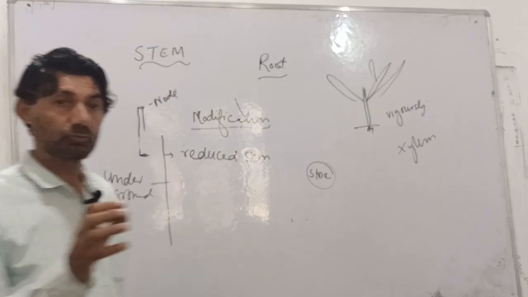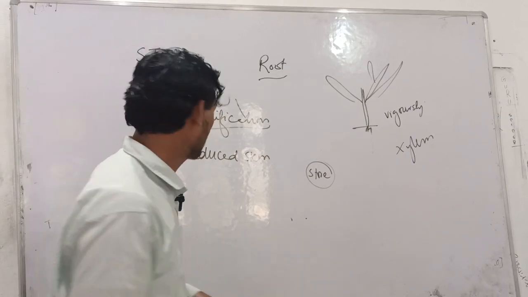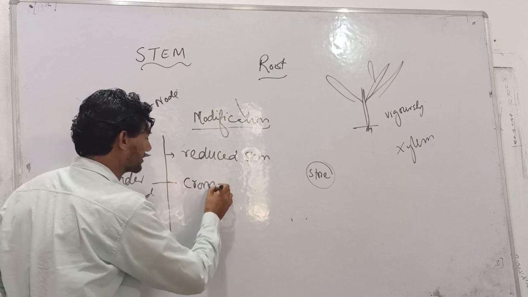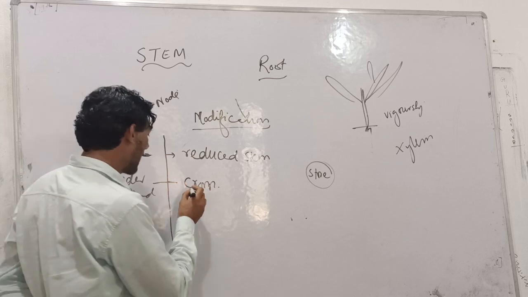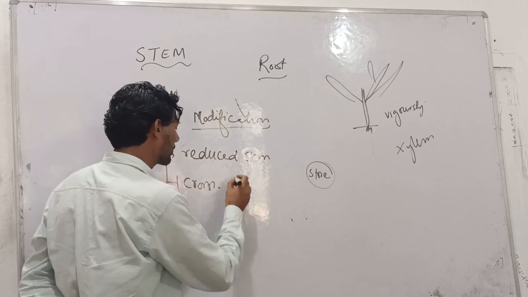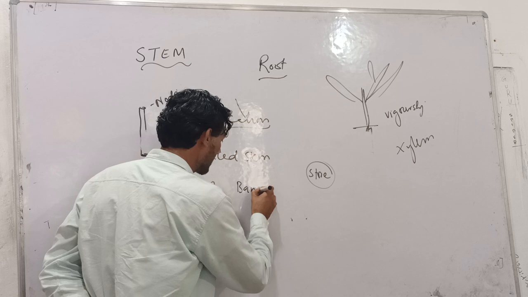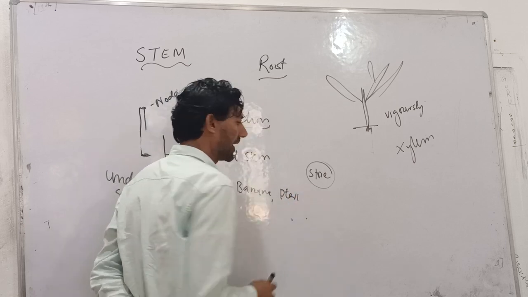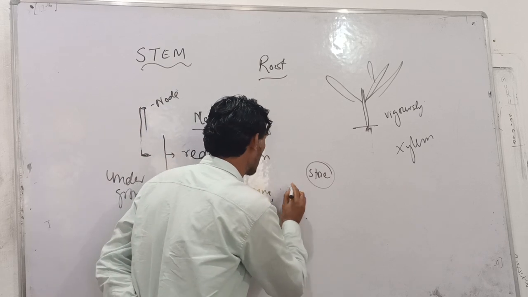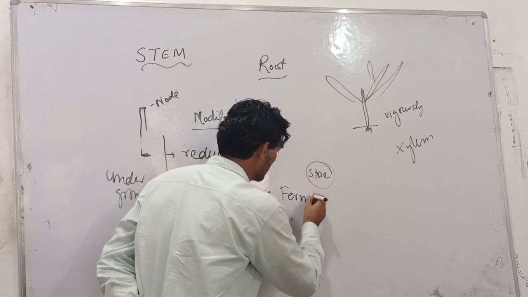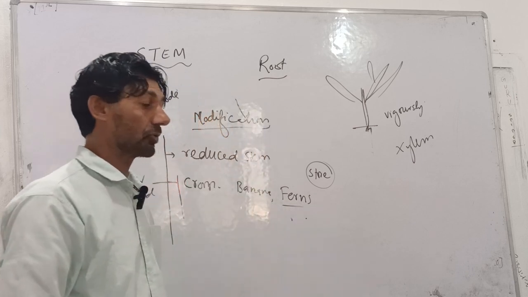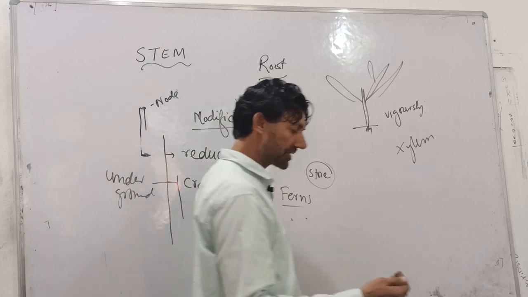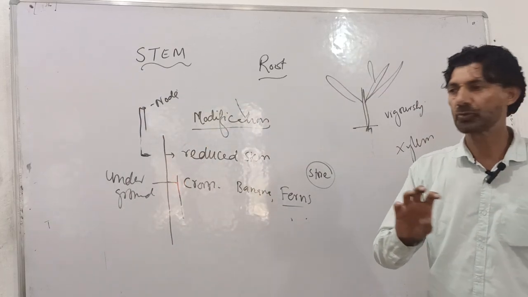In underground stem, the stem grows in the ground and it is called as corn. Examples of corn are banana, and pteridophytes such as ferns. In some ferns, the stem part is underground and swells to store food material.